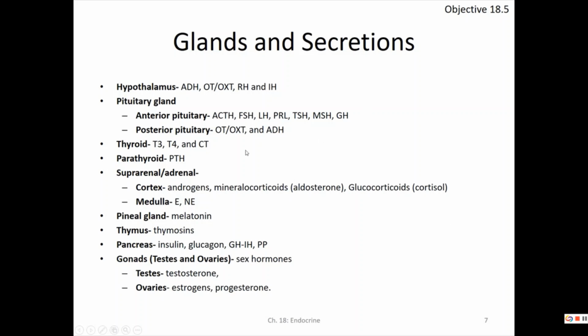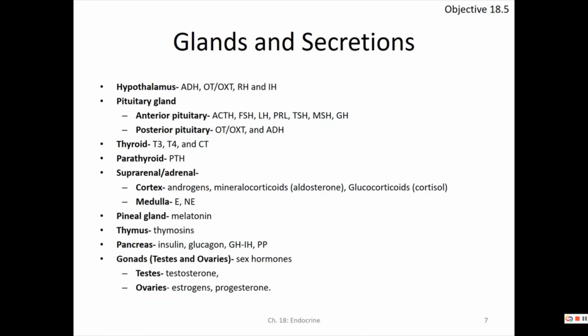Now, another thing is that suprarenal cortex, adrenal cortex, AC, androgens, aldosterone, cortisol. Androgens, mineralocorticoids, and glucocorticoids. Our mineralocorticoid is aldosterone, and our glucocorticoid is cortisol that we're concerning ourselves with. Now, the medulla of the suprarenal gland produces epinephrine, norepinephrine. We already know this from the autonomic nervous system, chapter 16.